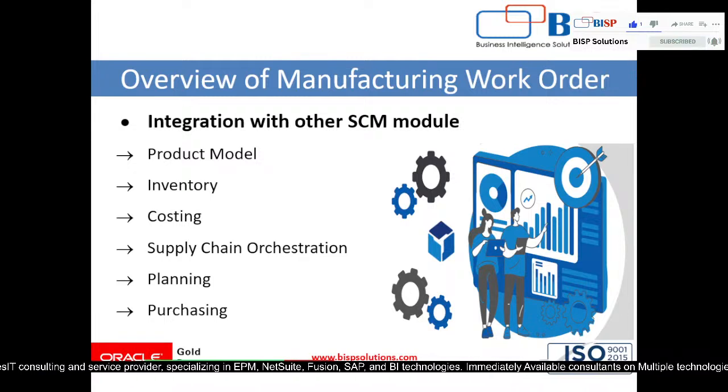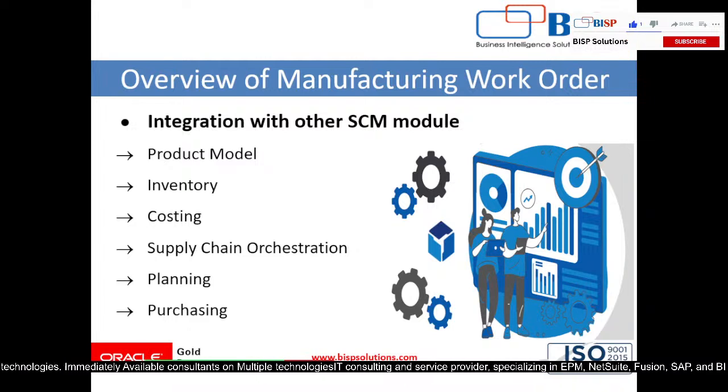So inventory is also tightly integrated with the manufacturing for creating the work order, right? And costing is the main point of this manufacturing. So the manufacturing cost management is performed by work order in the costing, right?